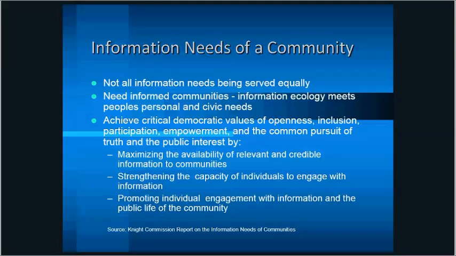We know that the information needs vary from person to person, and not everyone is served equally. So we do have issues with digital divides and things like that. But what's critical here is making sure that we have communities where people are well informed about what their government is doing and what the different civic needs are.